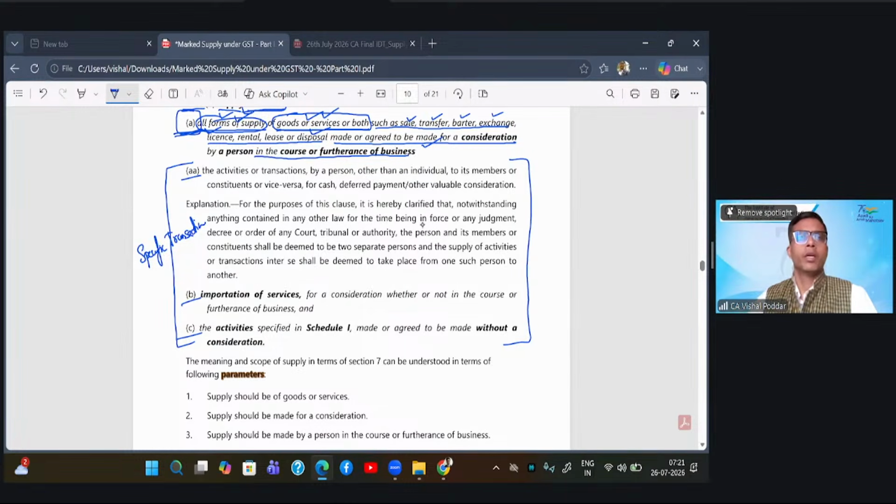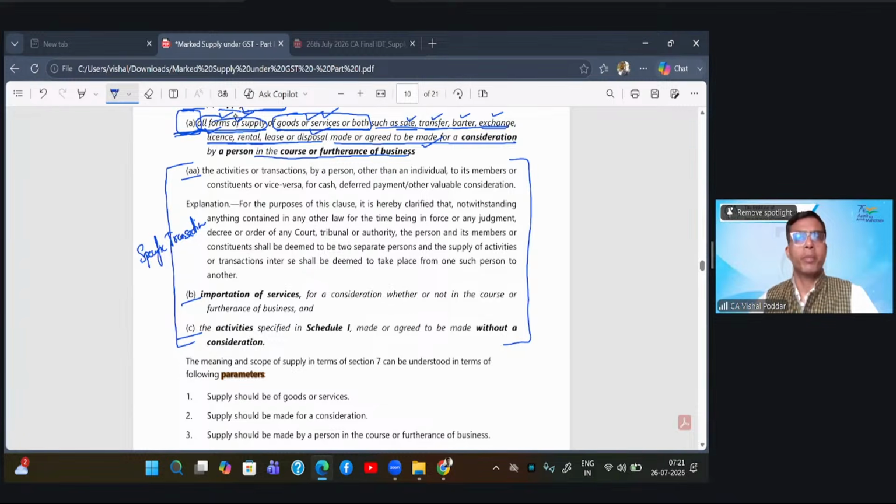Now, see each and every limb. First, one of the forms should be present. So when you go and buy any commodity from the market, either it is sale, transfer, barter, or exchange. Whenever you take any service, it will be license, rental, lease. So one of the elements of commercial transactions should be present.